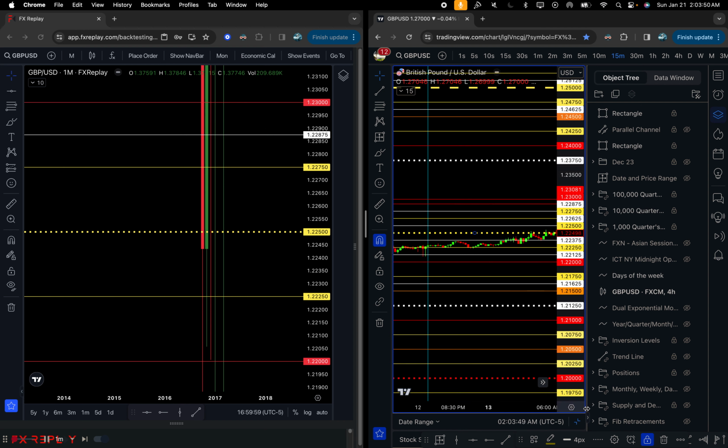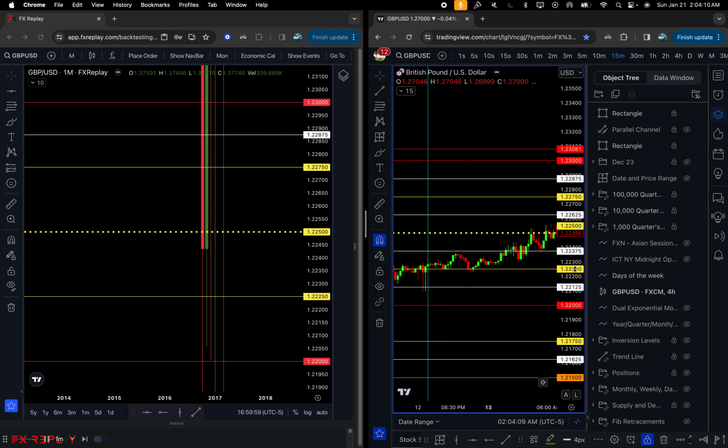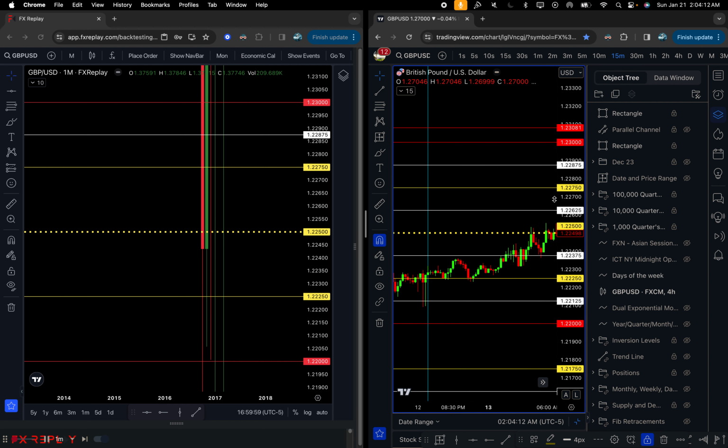The 100,000 level up here is delineated by the fact that they are 4-pixel dashes, right? So what you got to do is delete that because it's nothing.